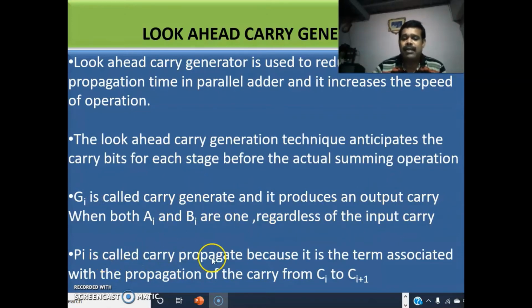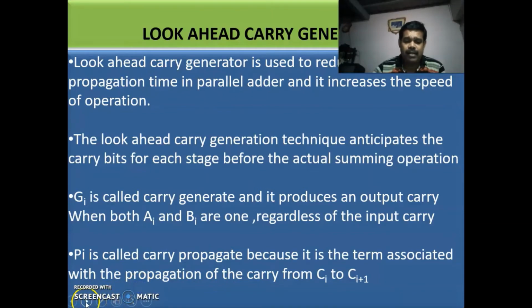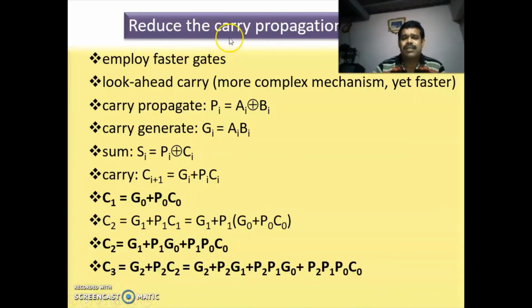Pi is called carry propagate because it is the term associated with the propagation of carry from Ci to C(i+1). So in order to reduce the carry propagation delay, we go for the look ahead carry generator.